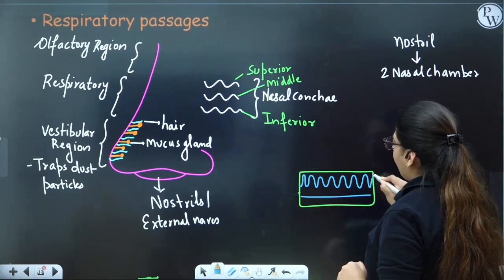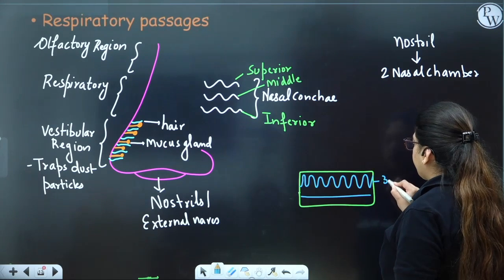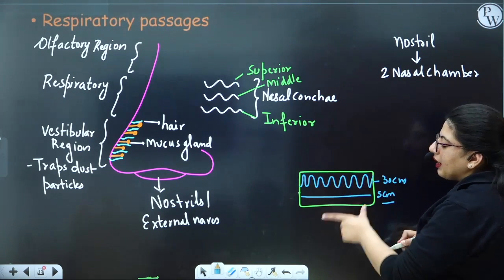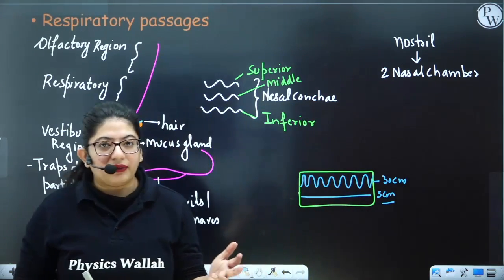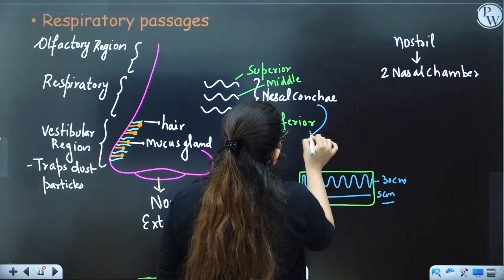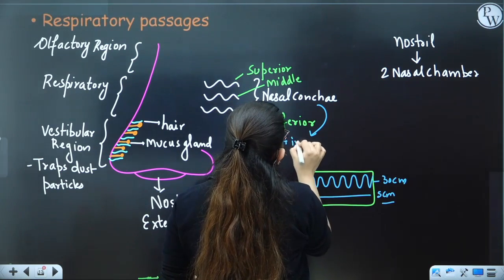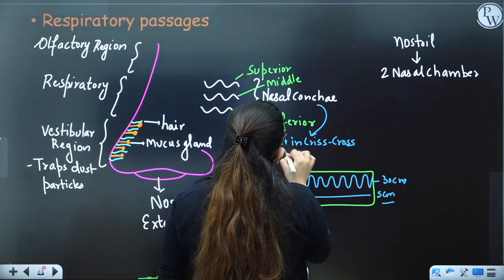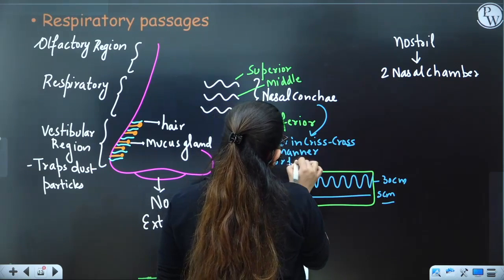Which of these two wires has more surface area? The one of 30 centimeters. So whenever surface area has to be increased, it is arranged in a crisscross manner. Here, the conchae are present in that manner, and as a result, it increases the surface area.